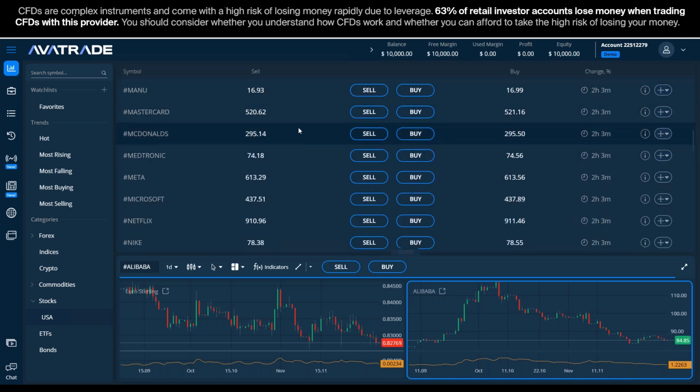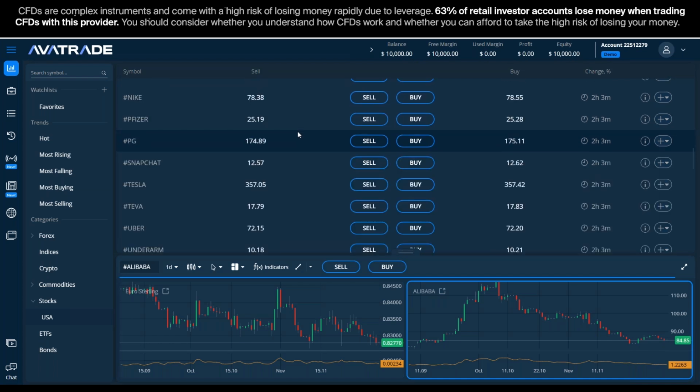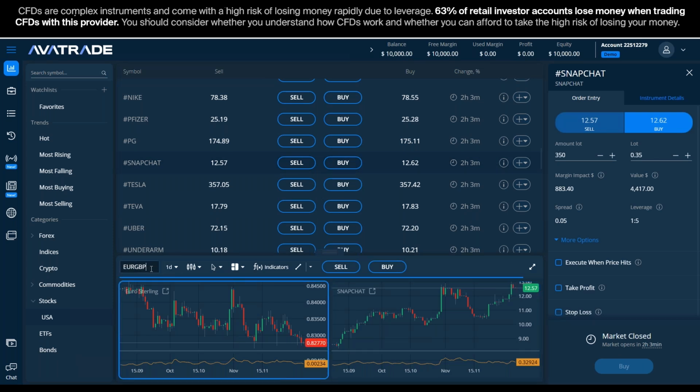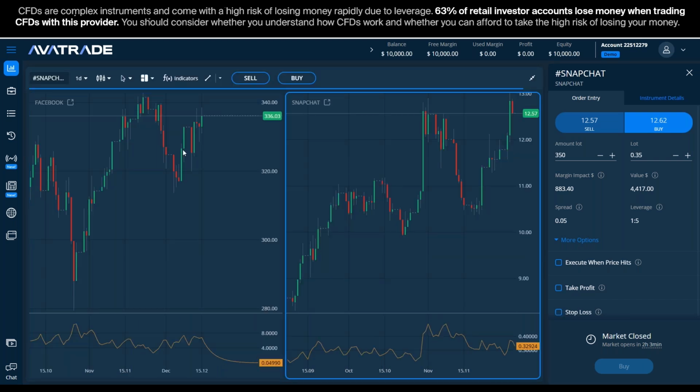Since this is an MT4 account, I guess we're not going to be able to find it in here. Let's say Snapchat as an example. Okay, and if I compare it with Facebook, this might not be the greatest comparison ever, since Facebook might be more comparable to Instagram or TikTok.